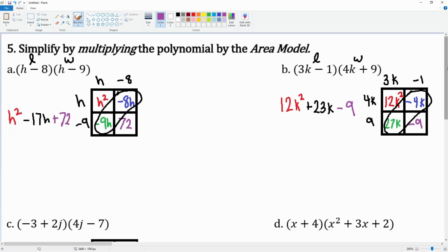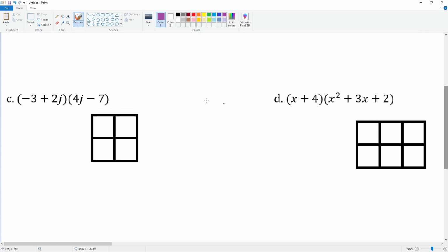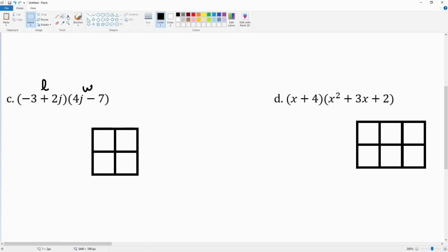Let's look at C here. This is the length, this can be the width, it doesn't matter what order. So negative 3 and 2j, then the width 4j and negative 7. All right, let's do some multiplication. 4j times negative 3 becomes negative 12j.